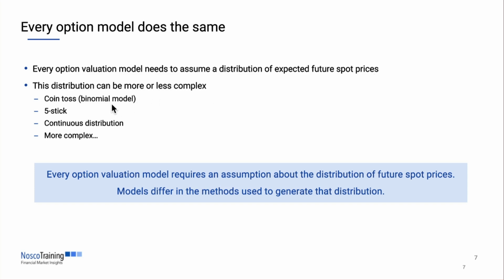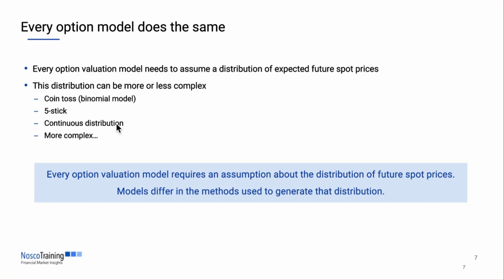For example, there's a very, very famous model called the binomial model that more or less thinks a stock can go up or down. Then I have here my 5-stick model, saying at expiry we can end at 5 different spot prices. And then there are more complex models. For example, one that you might have heard about is the Black-Scholes model.